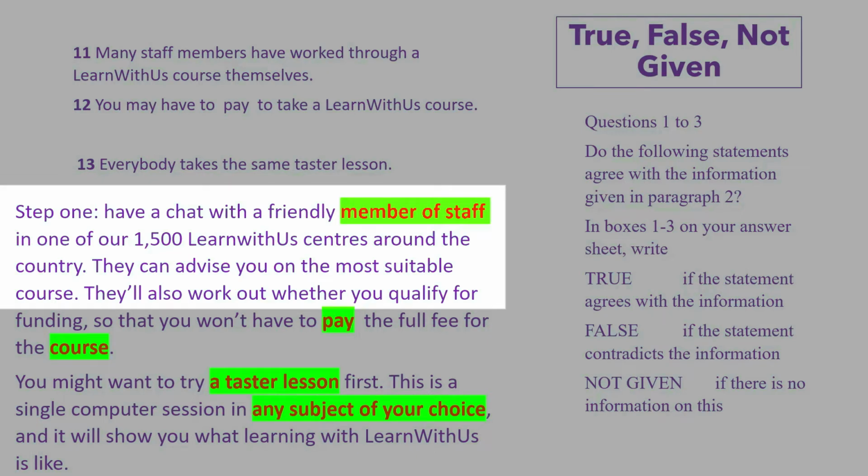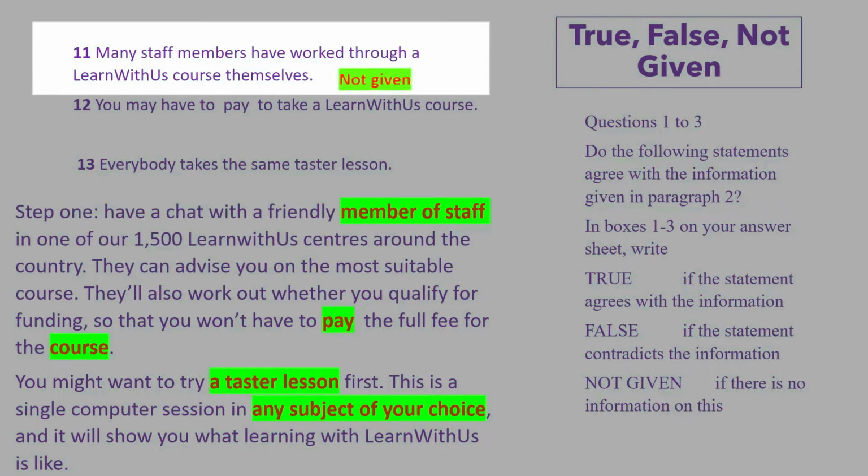In this part of the text that mentions staff members, and by the way, this is the only part of the text that mentions staff members, is there any mention that they have done a Learn With Us course? No, there's absolutely no mention here of that. So it could be true, but we don't know because there's no information. So we must say that this answer is not given.